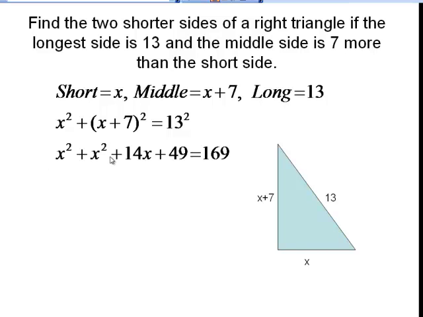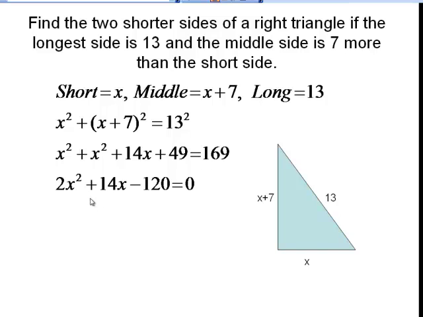Or x squared plus 14x plus 49 equals 169. Because when you square this, x squared, multiplied by 7 and doubled is 14x, and 7 squared is 49. Combining terms, you get 2x squared plus 14x. Move this over, I believe it was minus 120.